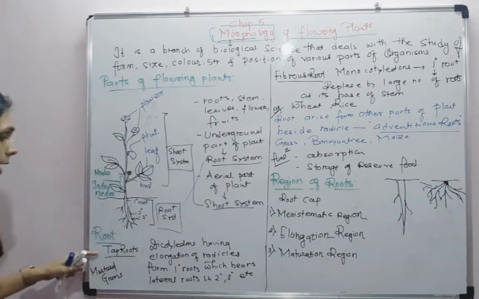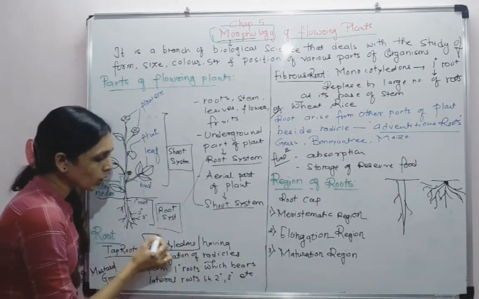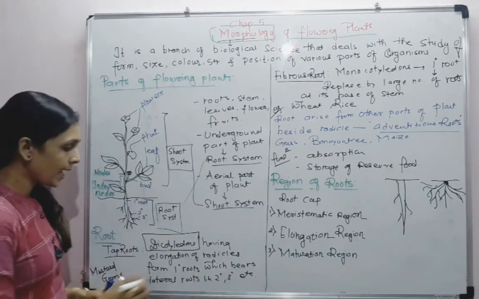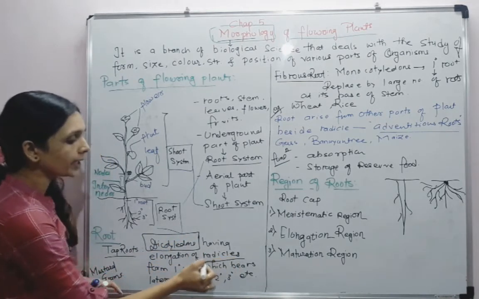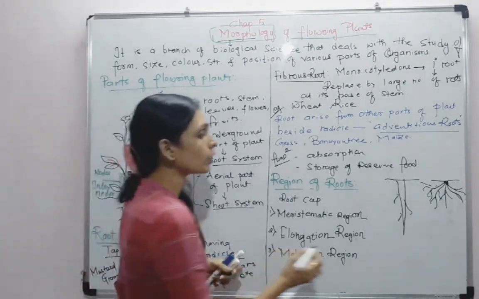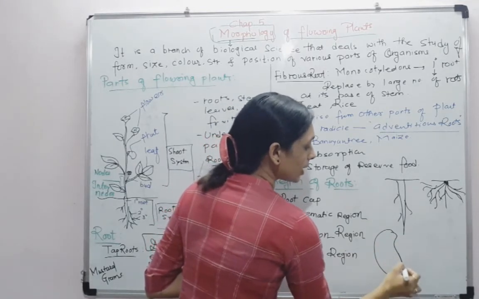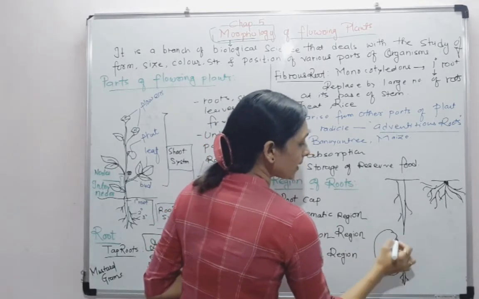Taproot is present only in dicotyledons, dicot plants, having elongation of the radicle. Now you must know what the radicle is and what the plumule is. If we go through this axis of the embryo, it has parts like this.